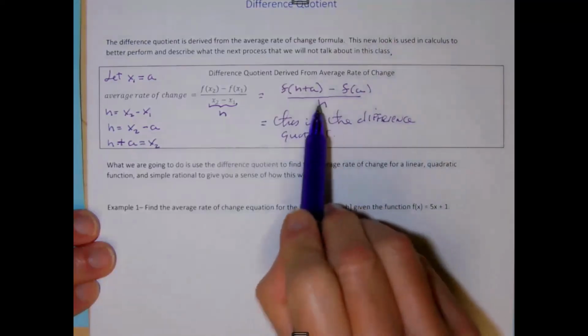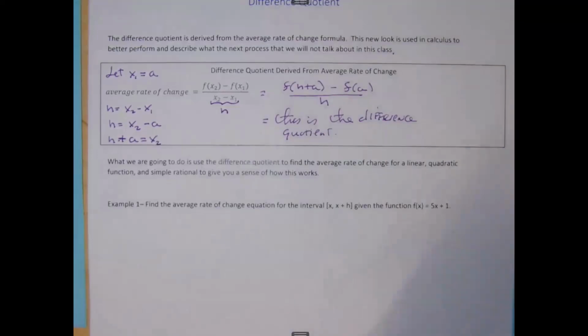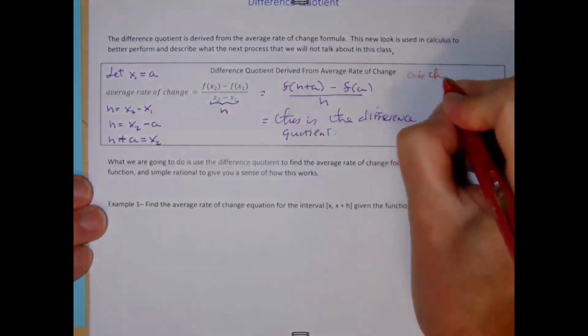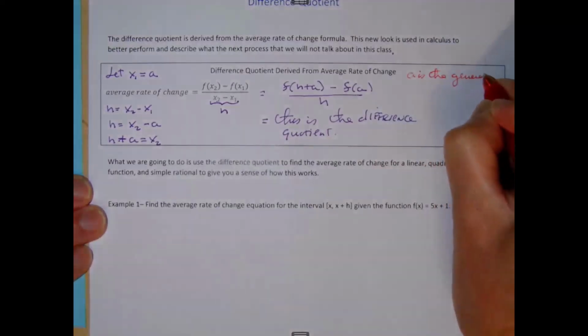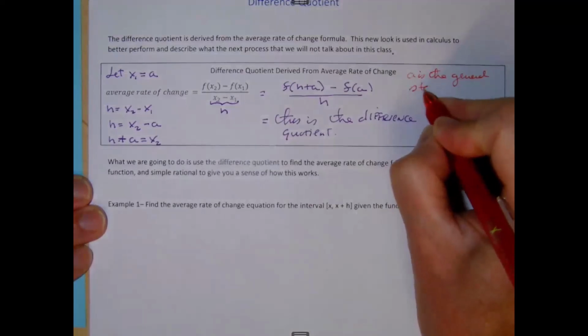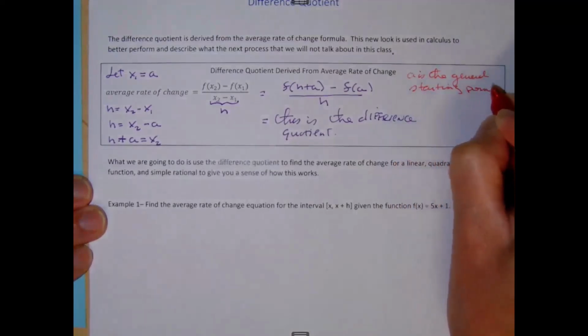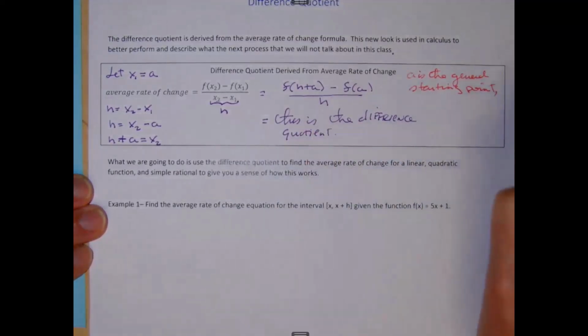What this says is that A is a starting point, and H is how much we're changing from that point.